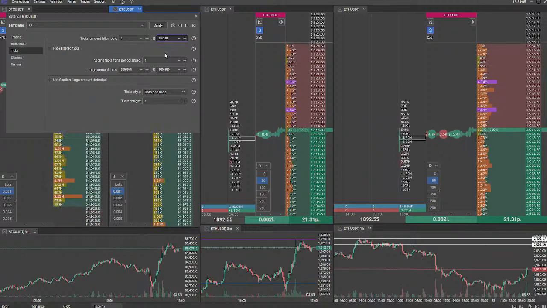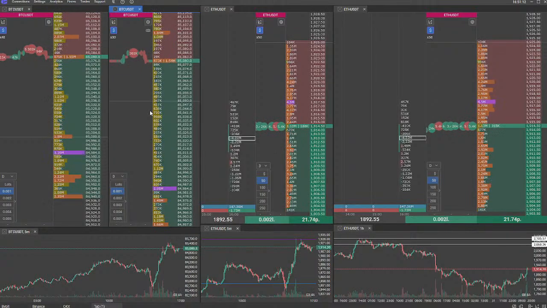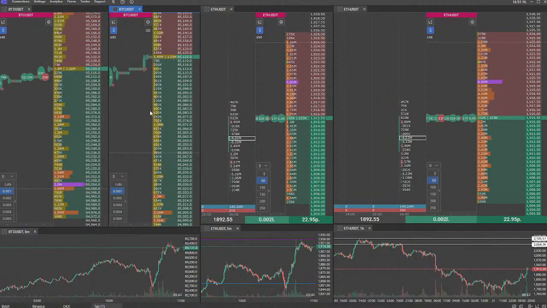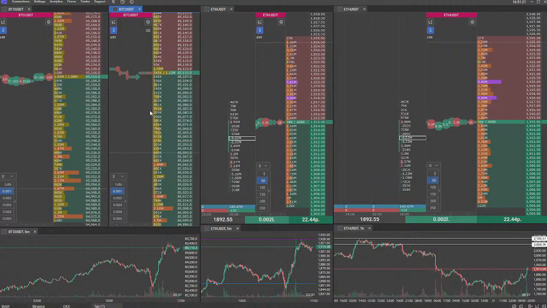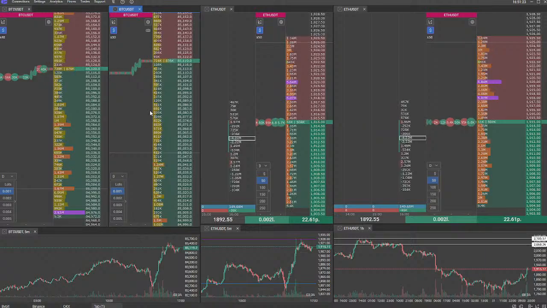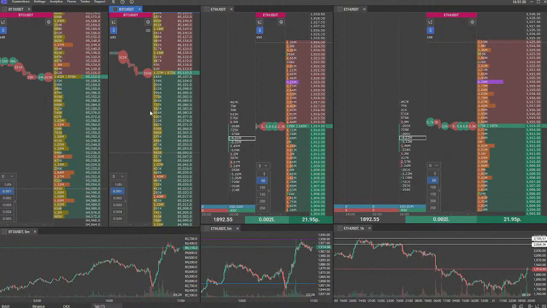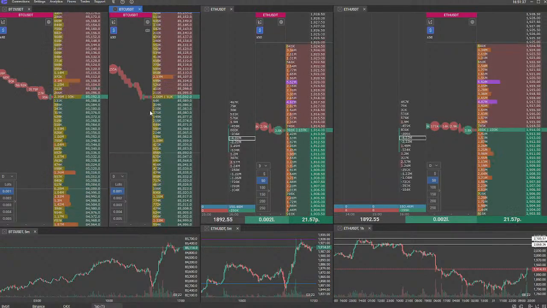I want to see everything of the 225k. I don't care about anything else right now. On the lower time frames, for example, okay, somebody's still selling those 3k. Okay, interesting.